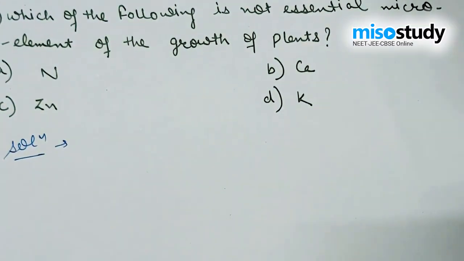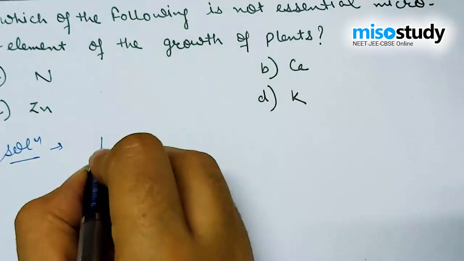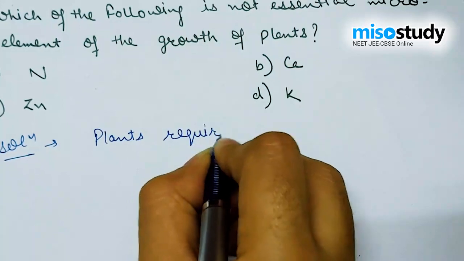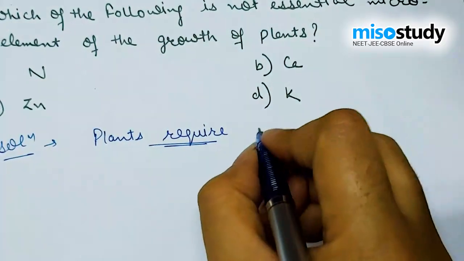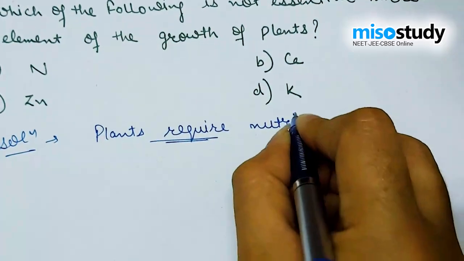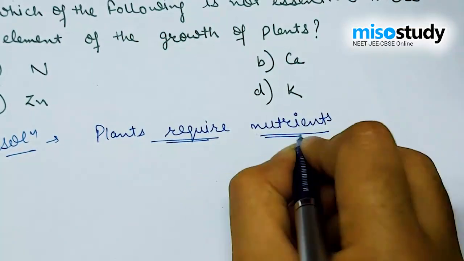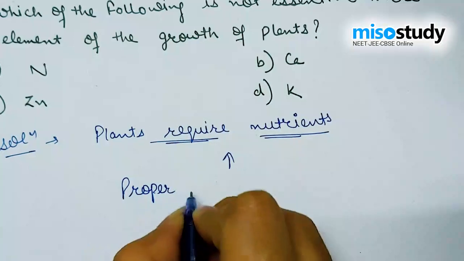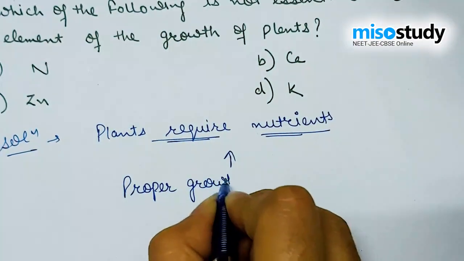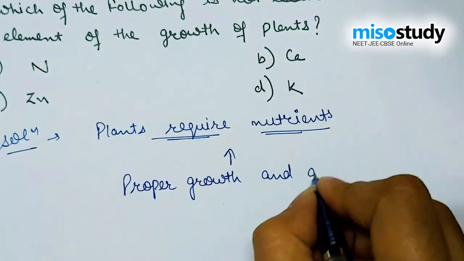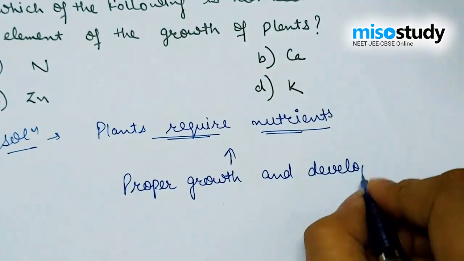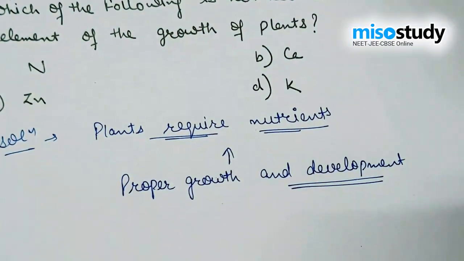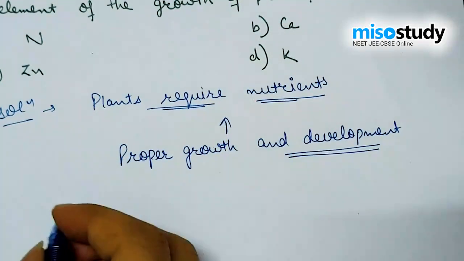When we discuss the basic essential elements that plants require, all plants require nutrients for proper growth and development, just like the requirement in human beings.